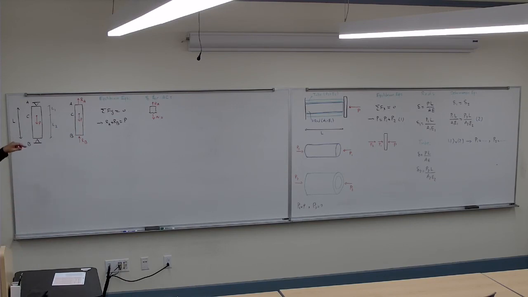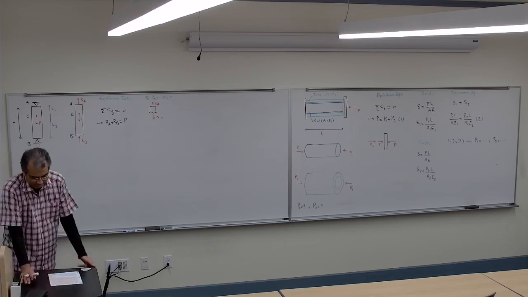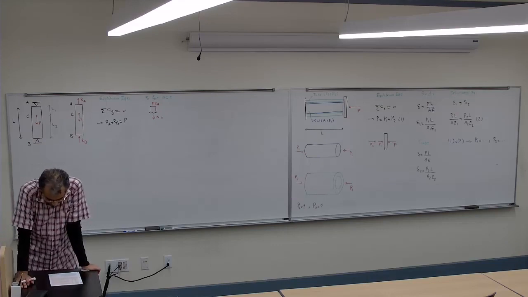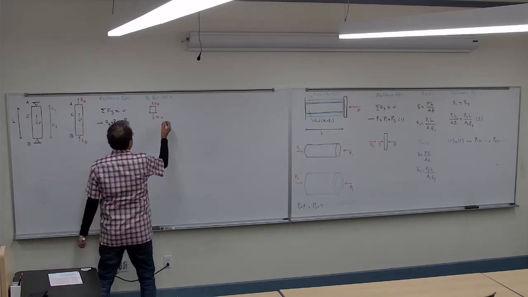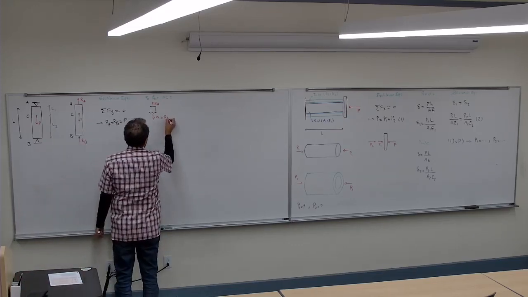We don't know how it's going to distribute, but we know it's going to be equal to RA. So N here is going to be equal to RA.